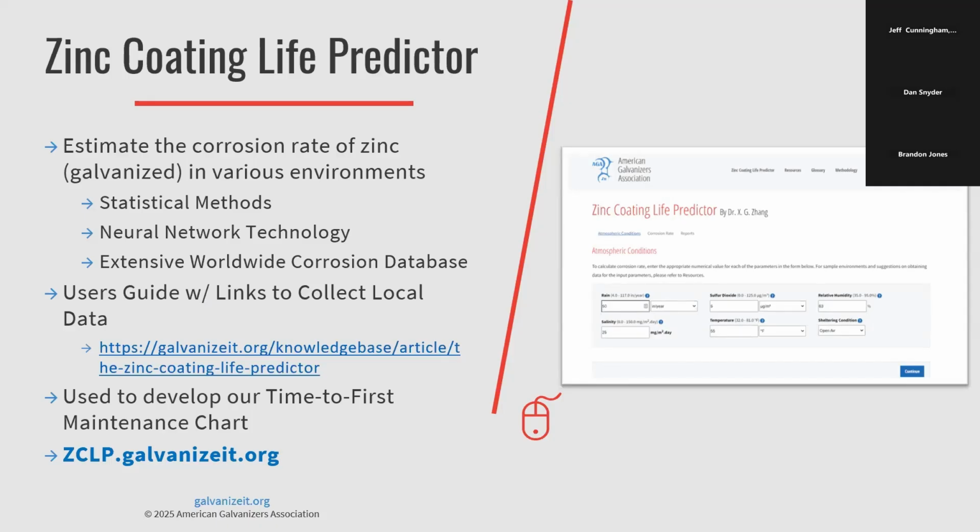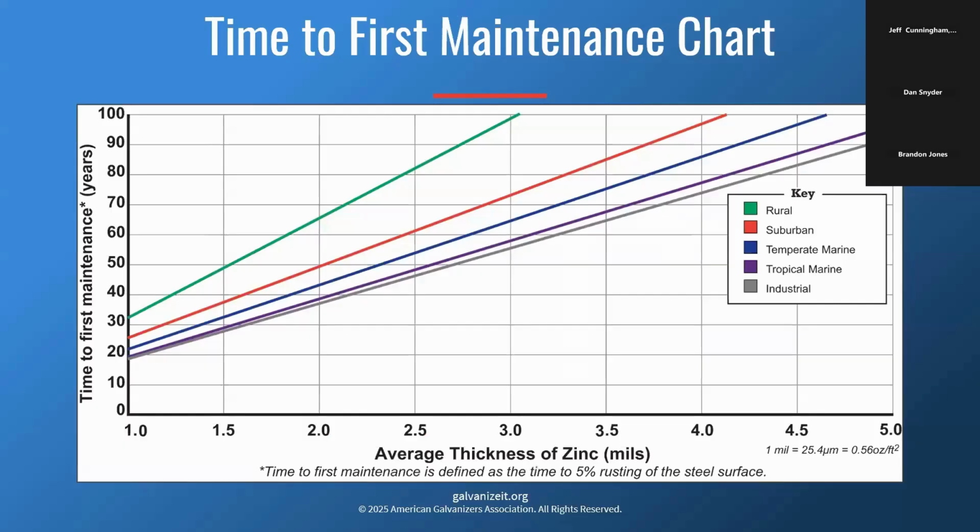We collected it from various environments, using statistical methods, neural network technology, and an extensive worldwide corrosion database. We worked in conjunction with Dr. Gregory Zhang, and we use this to develop the time to first maintenance chart and the whole zinc coating life predictor. When you have the parameters of your project, you can put them in here, and it will give you a guide to the time to first maintenance.